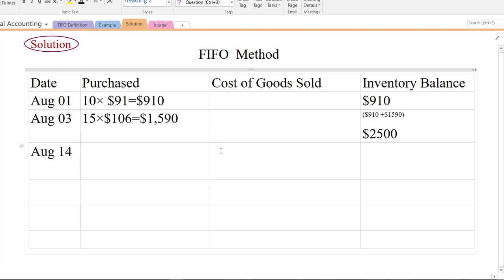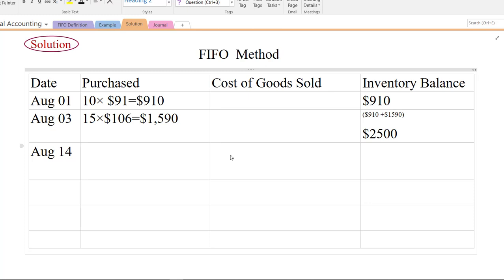When there is sales, we are coming to cost of goods sold. Now students, our main discussion starts: what the method of FIFO is. The method of FIFO is that those inventories which are purchased first, we are going to sell those inventories first as well.